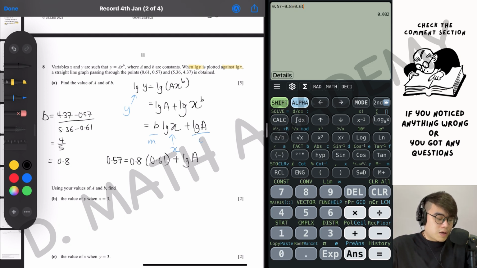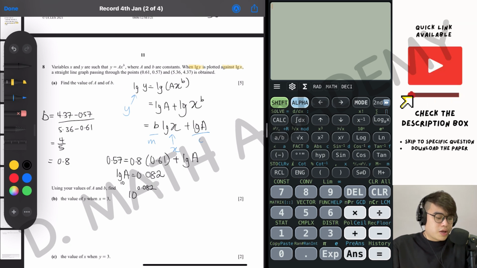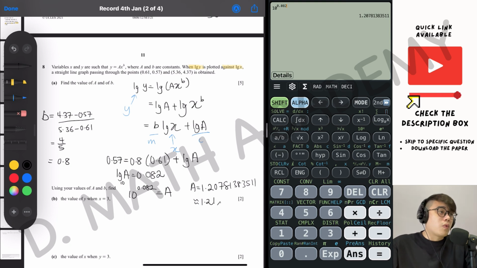So you get your log A result as 0.082. Remember, log by default will have a base of 10. So let's key in 10 to the power of 0.082. Then you get A's result as 1.207813835511. Corrected to 3 significant figures, it will be 1.21 as your final answer here.